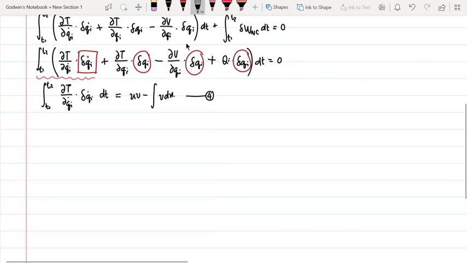And so, the problem is now we're going to have to pick what u is and what dv is, because this is supposed to be in the form of u dv. So, why not? Yung nasa tapat na ng u at nasa tapat na ng dv ko, yun na yung pipiliin ko. So, let's say that u is equal to partial T over partial qi dot.